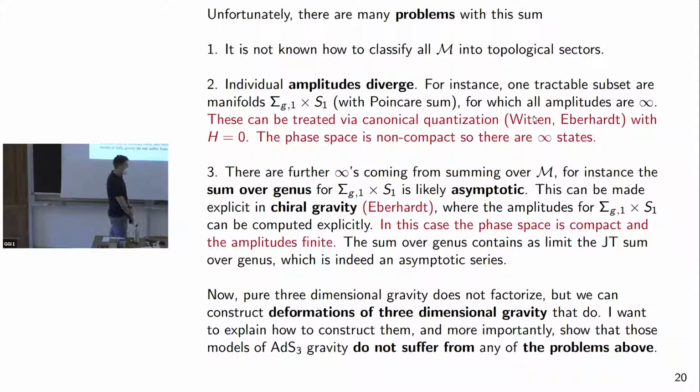And I want to explain how to construct those. But more importantly, I want to show that those don't suffer from any of the problems above. For the same reason as in JT, there'll be Feynman diagrams canceling for all 3-manifolds except for super simple ones, and you get a very simple answer.